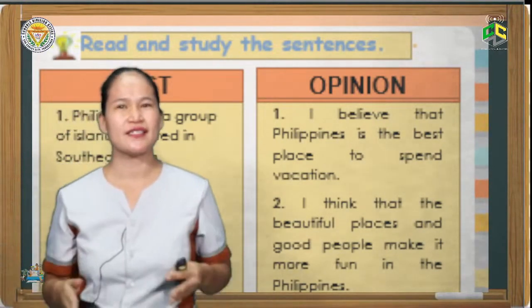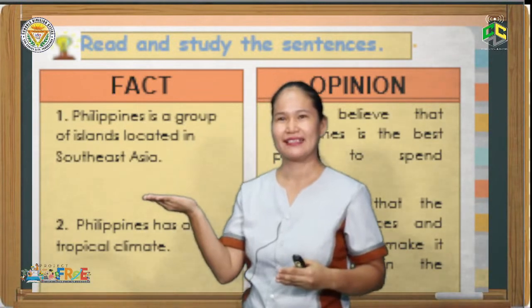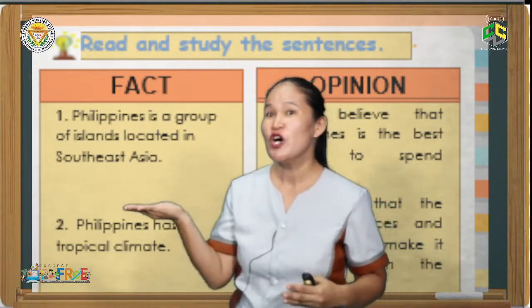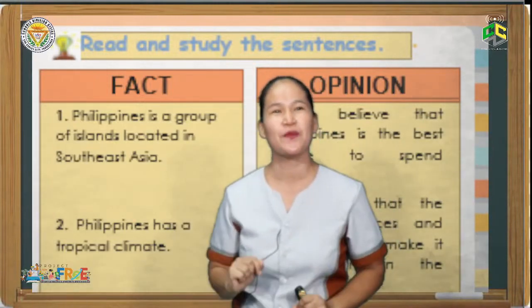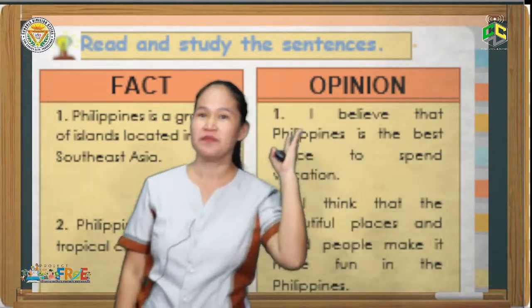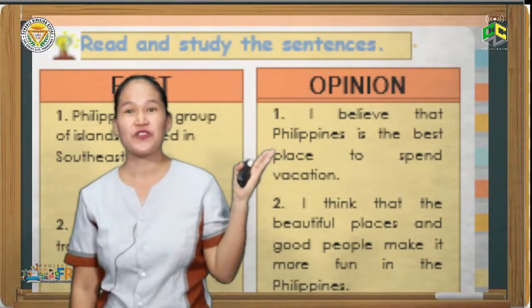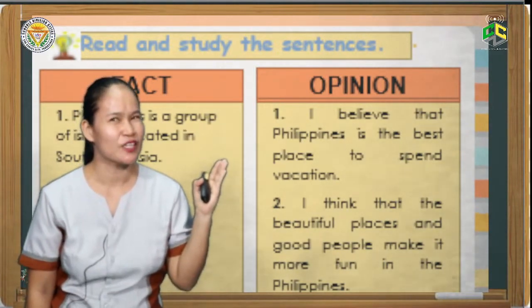What do the sentences in column A express? Okay, think it over. You've got it! It expresses true and correct information about the Philippines. You're right. How about in column B? What do the sentences express? Think it over.